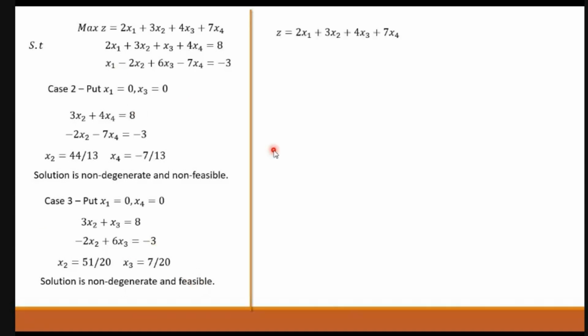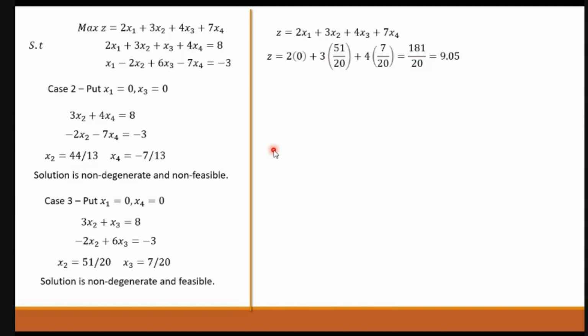Again, the solution is non-degenerate and feasible. Once it is feasible, you have to calculate the value of z. So calculate z. x1 is 0, x4 is 0. .05.